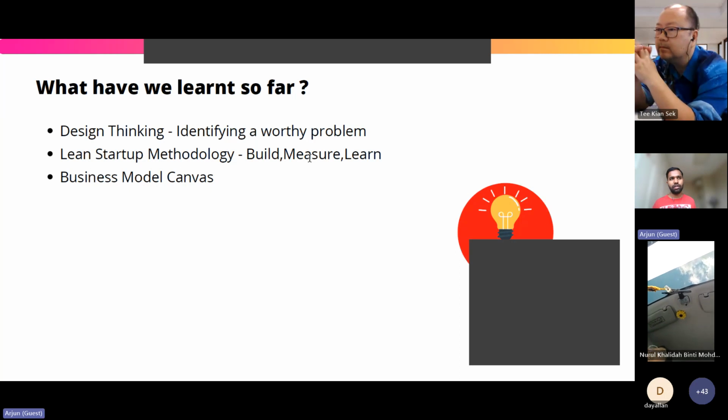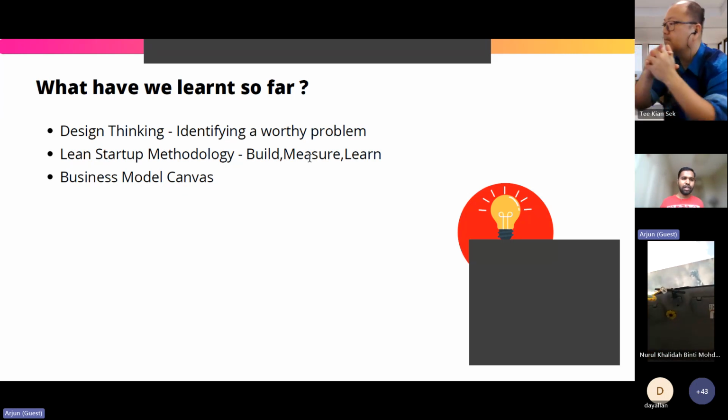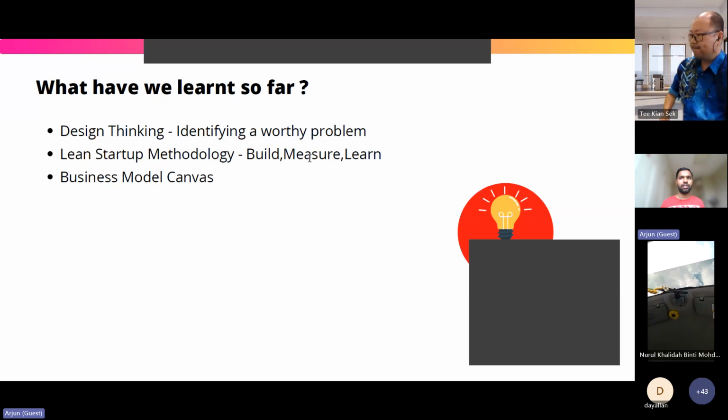You will build, measure, and learn till you achieve a minimum viable product, till you achieve product market fit. So combining design thinking and the lean startup method, if you do these exercises hands on, by the end of these two exercises you will have a minimum viable product in your hand, and you would have achieved product market fit.